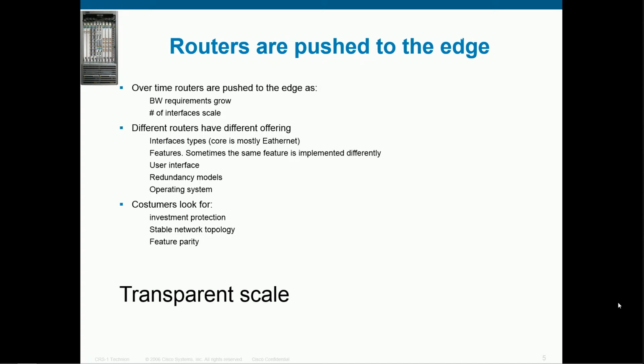Over time, routers have been pushed to the edge. A big part of that is bandwidth. Also, the higher-end routers with higher-end port capacity have fewer ports, or have the ability to come with fewer ports and grow as needed to help reduce costs. Different routers have different offerings.